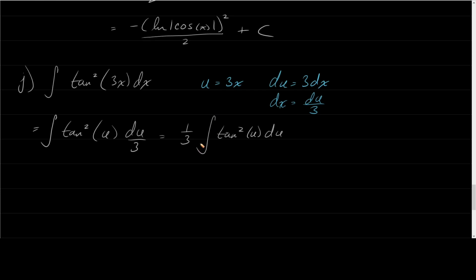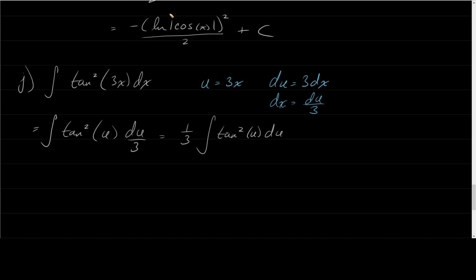Now, at this point, what can we do? It's common to think that we can do another u substitution. It is technically a legit method of trying to continue here, but it would not be useful. People think that you can do a u substitution with tangent, but we don't have the dv there.